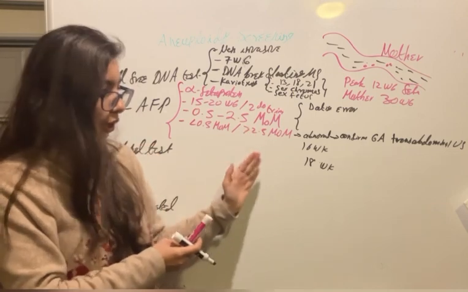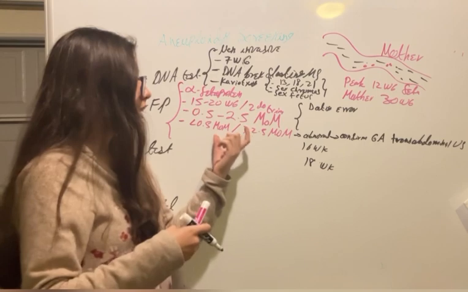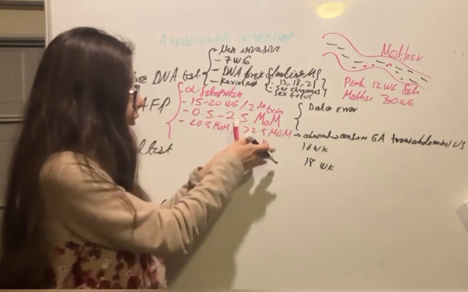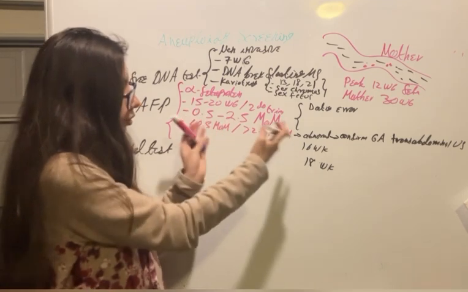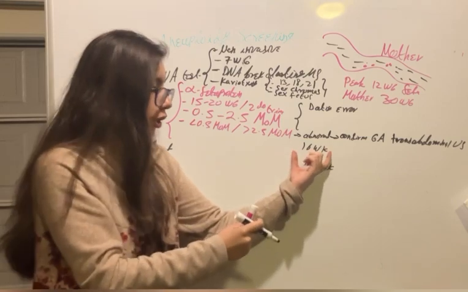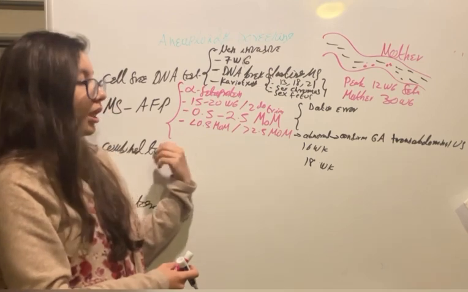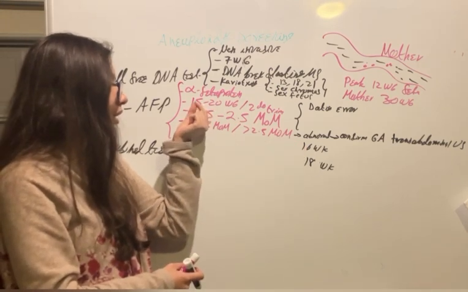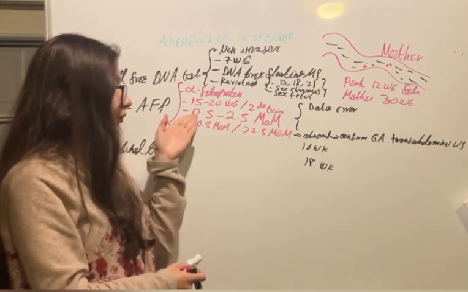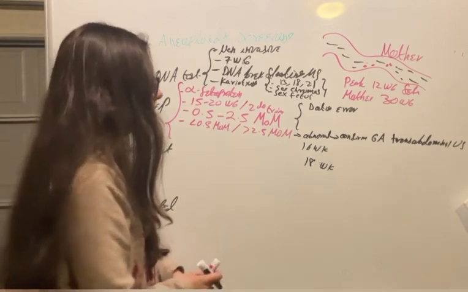Maybe she is not 16 weeks pregnant, maybe she's less than 16 weeks pregnant, and so the normal value we took, to which we then applied the normal range, is not accurate, because we assumed 16 weeks, but maybe she's not 16 weeks, maybe she is 15 weeks, and so we need to take another median, the median for 15 weeks and not 16 weeks, and then do the 0.5 to 2.5 multiples of the median.